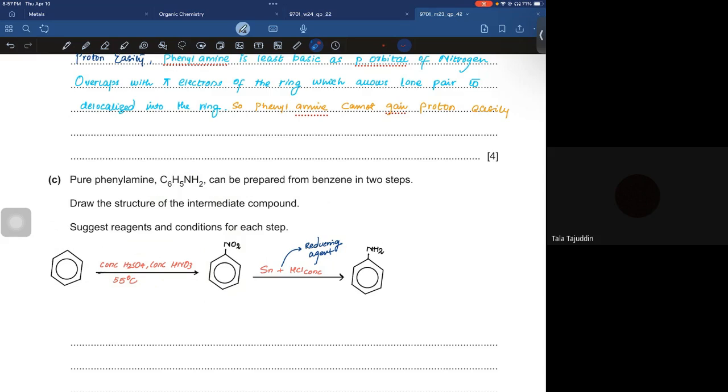And then after reduction with tin and concentrated HCl, it would be reduced into this NH2. It's called phenylamine. So you have produced phenylamine in 2 steps. First you formed nitrobenzene and then you formed phenylamine. It's also known as aminobenzene.